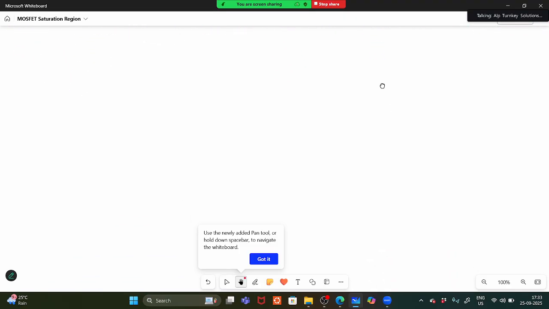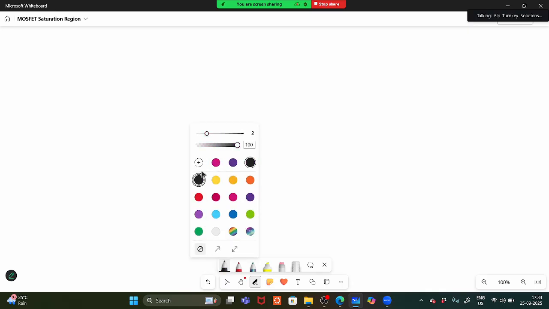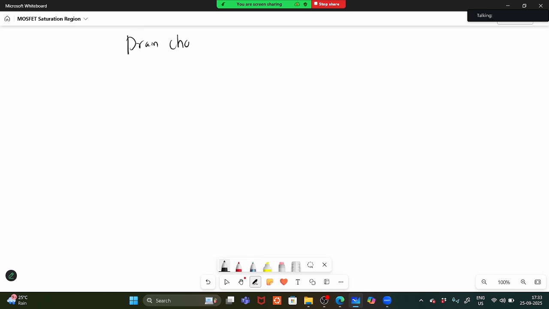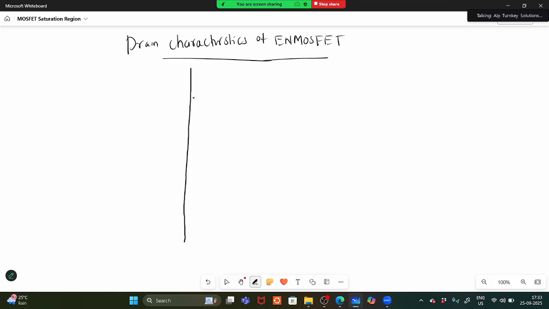What are the drain characteristics? We will see the drain characteristics of the enhancement MOSFET. Here I am drawing ID with respect to VDS.